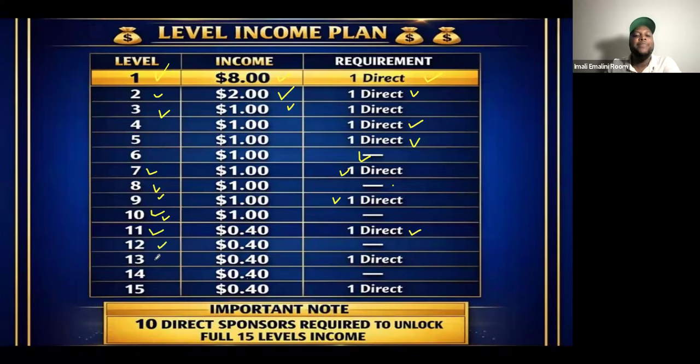To benefit from level 13, you introduce another active direct. It opens level 14. The last direct opens level 15. How many directs in total? 1, 2, 3, 4, 5, 6, 7, 8, 9, 10 directs in total. That's how you unlock your levels.